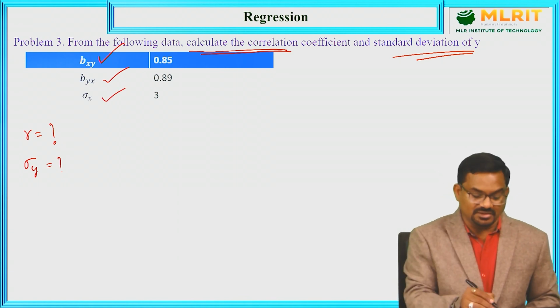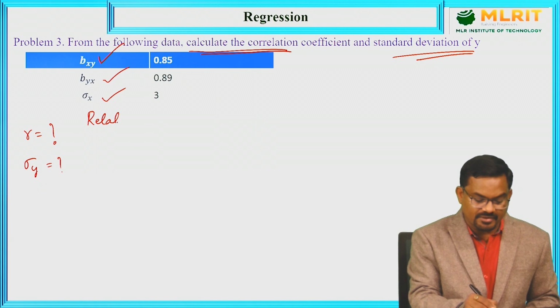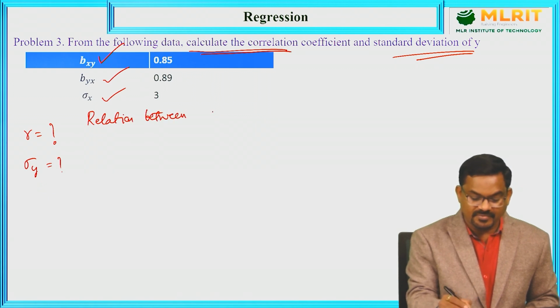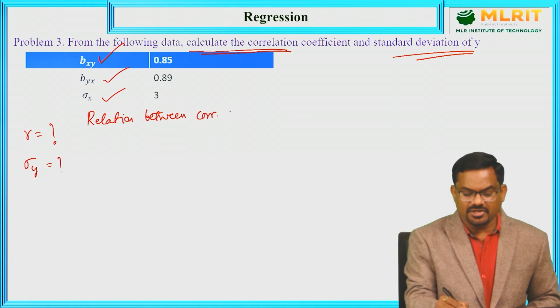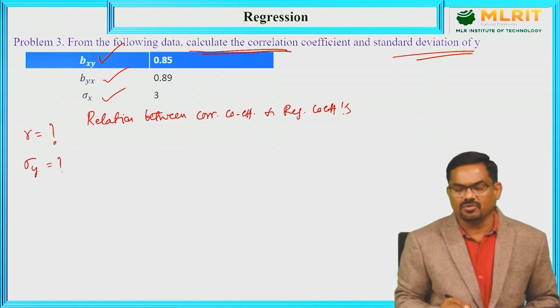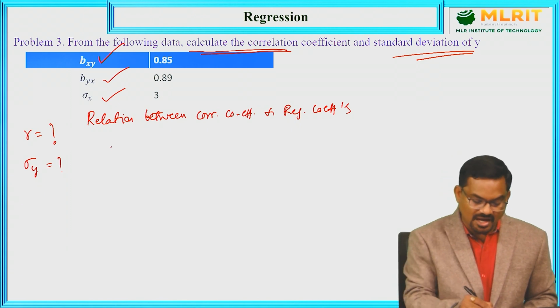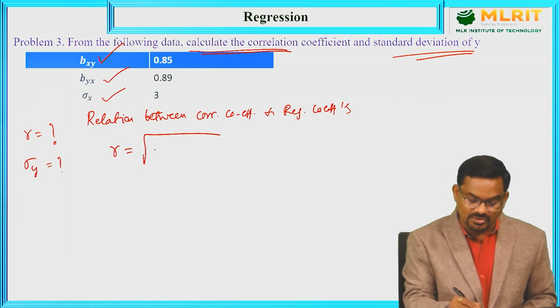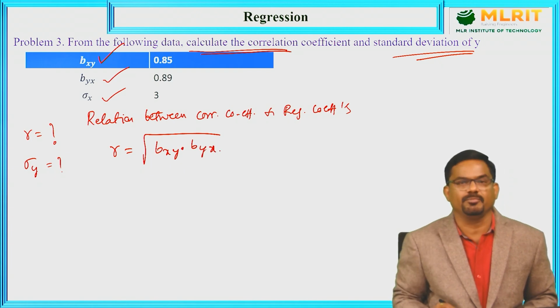And we have the relation between correlation coefficient and regression coefficients. What is that relation? R is equal to under root the product of regression coefficients bxy into byx.